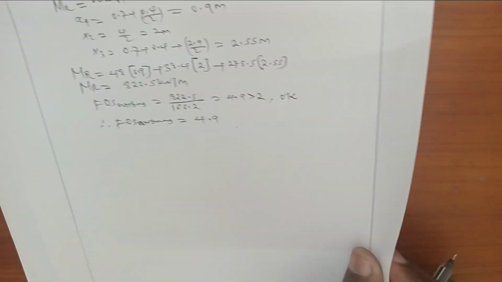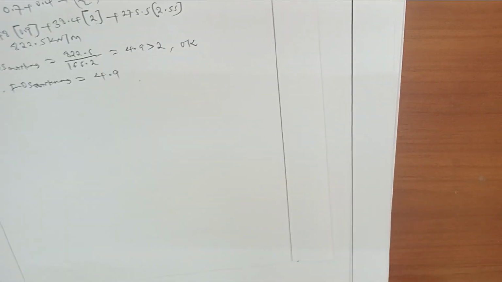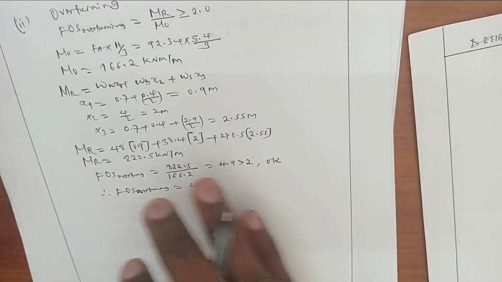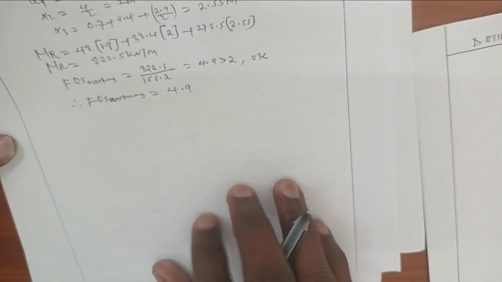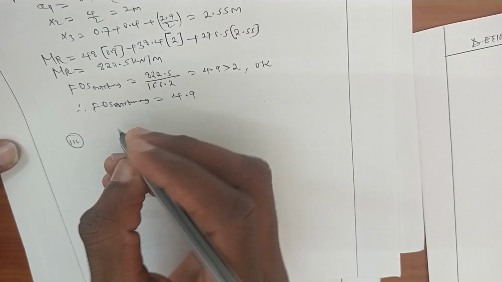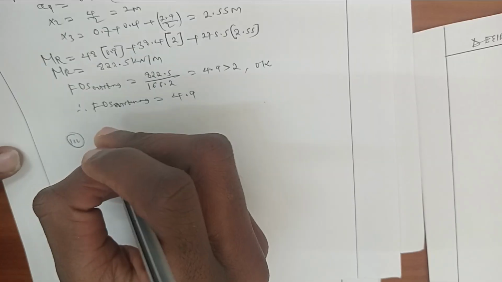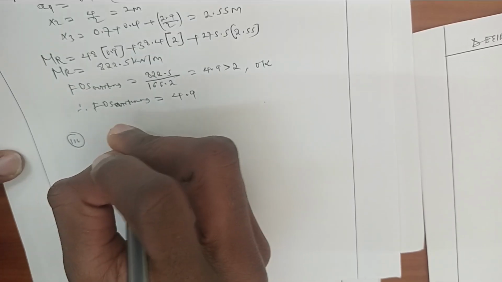The next step is to check the bearing pressure, the bearing capacity of this retaining wall. How can we determine the bearing capacity? The next step is checking for bearing capacity.